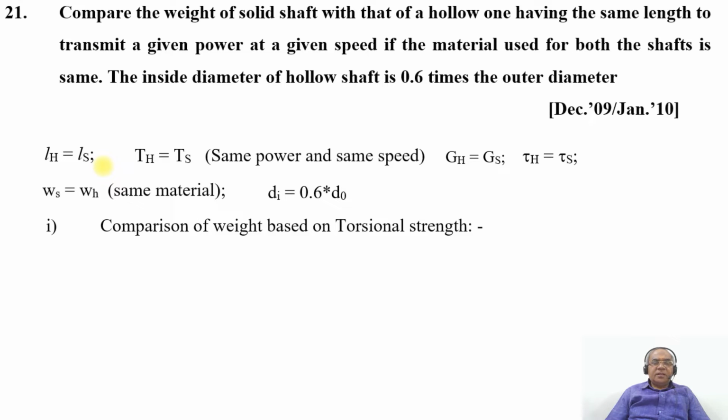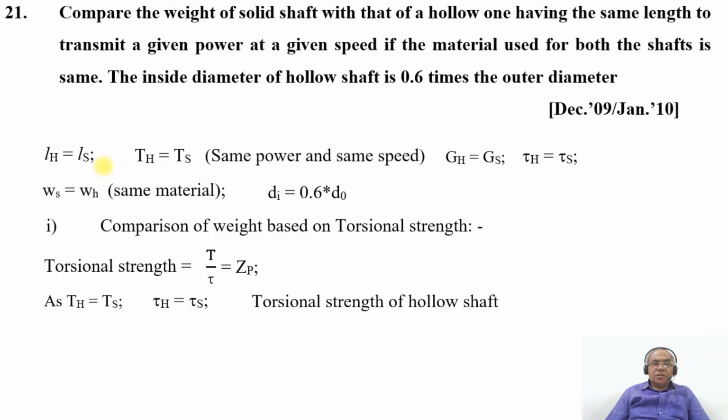First, comparison of weight based on the torsional strength. Torsional strength is T by tau, which equals ZP. As TH equals TS, therefore tau H equals tau S. So the torsional strength of the solid shaft, ZPS, equals ZPH.